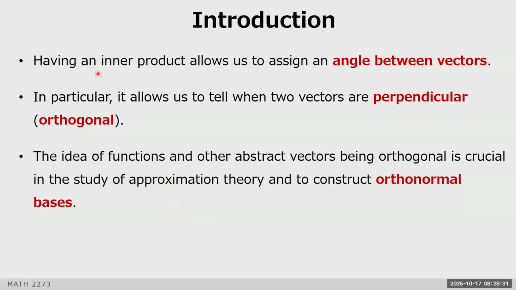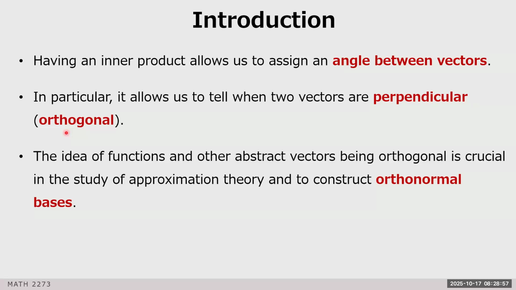Okay, so having an inner product allows us to assign an angle between the vectors. So which angle is most important for us? In particular, it will allow us to tell when two vectors are perpendicular. So the fancy word we're going to use instead of perpendicular is orthogonal.